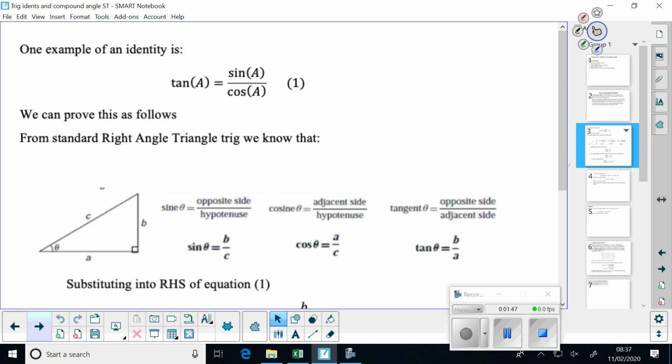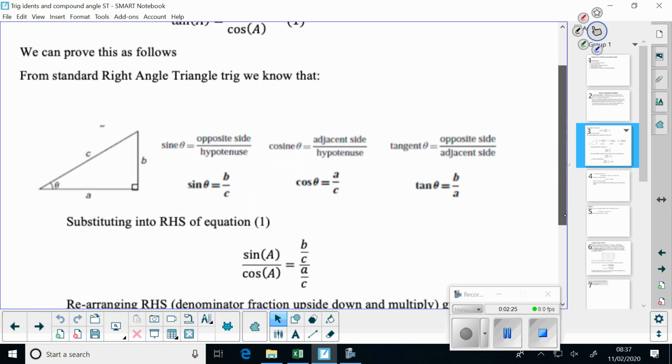The trig identity is the tan of A equals sine A divided by cos A. We can prove that as follows in this slide. So, if we look at SOHCAHTOA, if you like, for right angle triangles, the sine of an angle is B over C, the cosine of an angle is A over C, and the tan of the same angle is B over A, with that triangle labelled as it is.